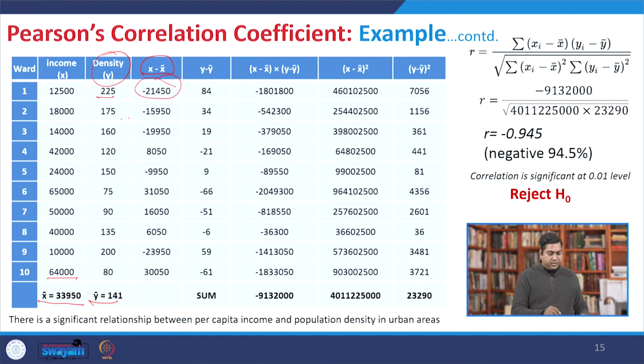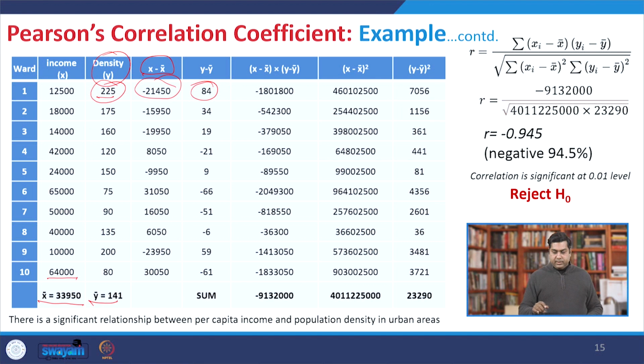As I already mentioned, it is 12,500 minus 33,950, so it comes out negative. For density, the mean density is 141, and in this particular case the density value for ward number 1 is more than that, so we get a positive difference of 84.